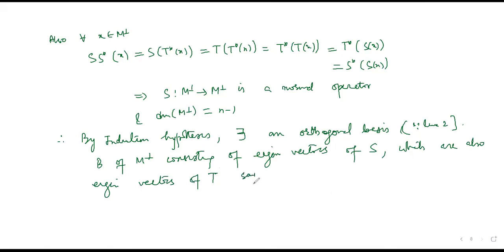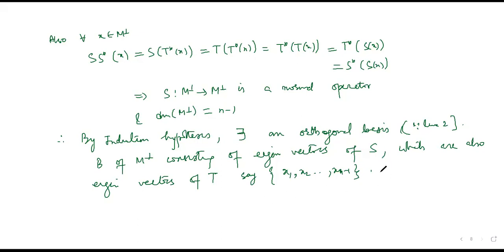Let us name them x1, x2 up to x(n minus 1). Now this is a basis. These are mutually orthogonal, and this is a basis of M perp.